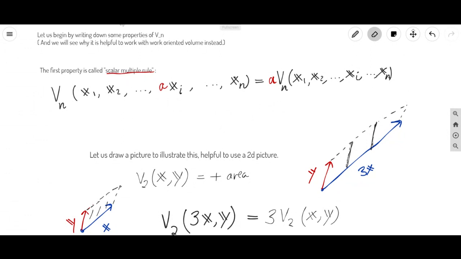Now the other rule that is related to this, so this is the first property. The second property, I'm going to clear this away. I should say where we're going with this. The goal of today's class is to tell you what the properties are.